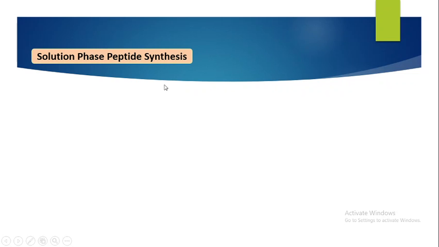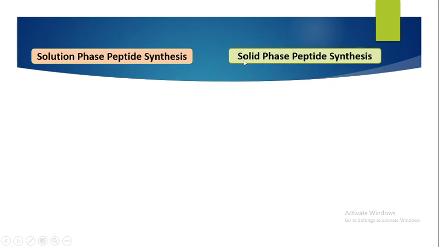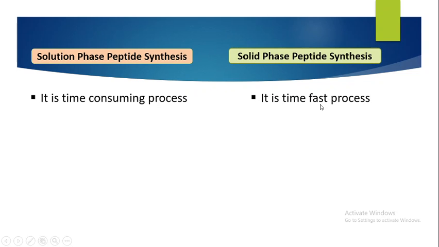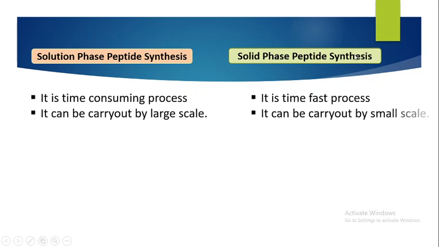So, what are the differences between solid phase peptide synthesis and solution phase peptide synthesis? The solution phase peptide synthesis is a time consuming process, while the solid phase peptide synthesis is a fast process. The solution phase peptide synthesis can be carried out on a large scale, and the solid phase peptide synthesis can be carried out on a small scale.